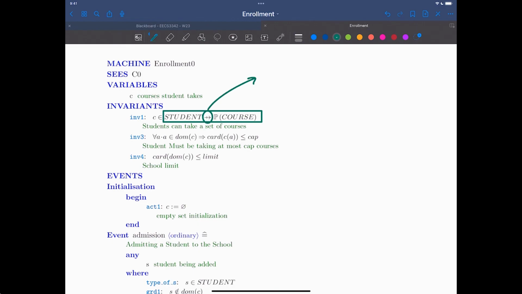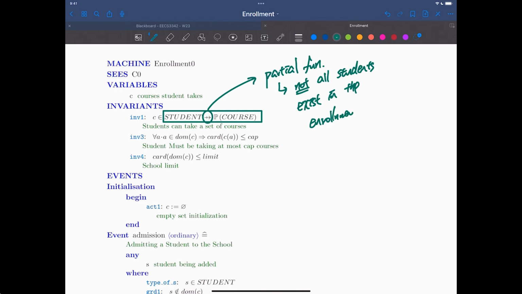Partial function means not all students exist in the enrollment system. That's why it's a partial function. Otherwise, it would be total, but it's not the case.